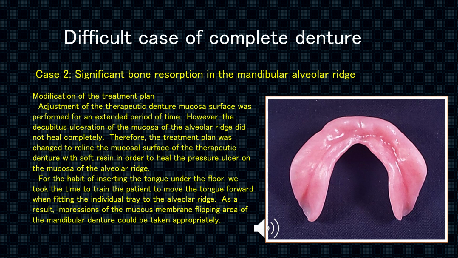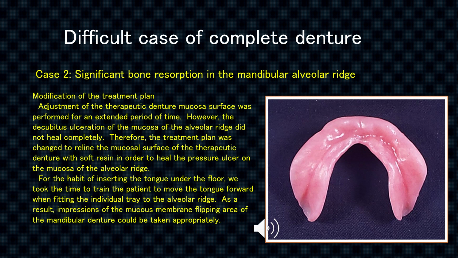Case 2. Significant bone resorption in the mandibular alveolar ridge. Modification of the treatment plan. Adjustment of the therapeutic denture mucosa surface was performed for an extended period of time.